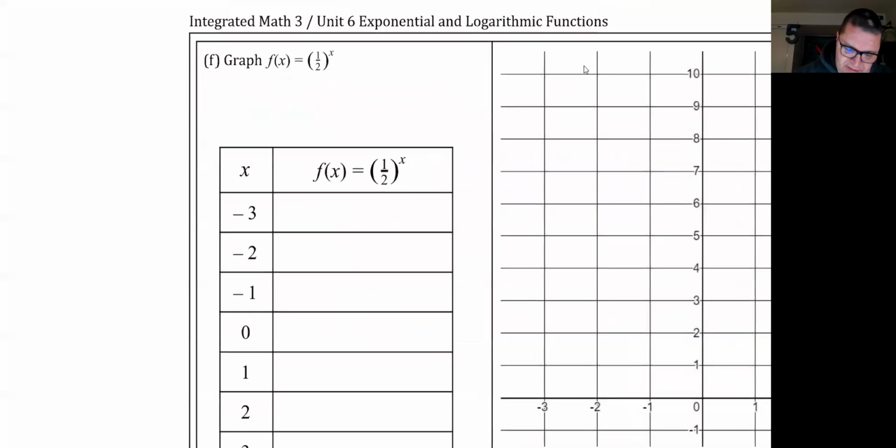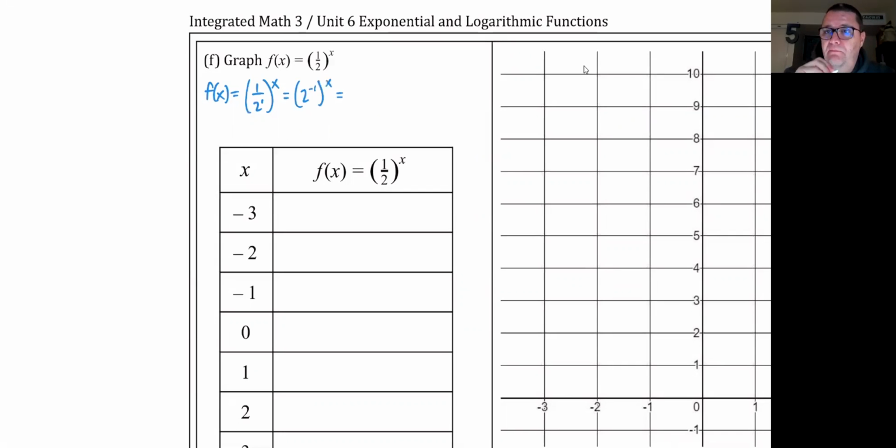So the first thing I want to say is that we can also rewrite this function in the following way. If we think about 1/2, it's like 1 over 2 to the first power, right? So I'm just rewriting what's inside of the parentheses, which is the base. And I could move that up, and then the power would become negative x.